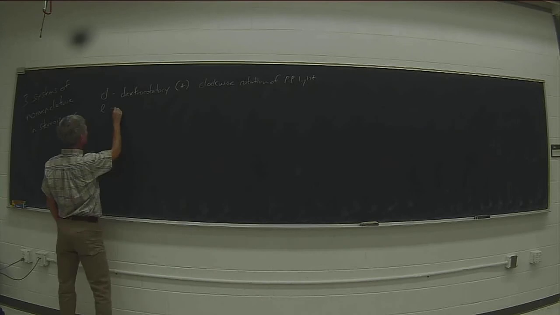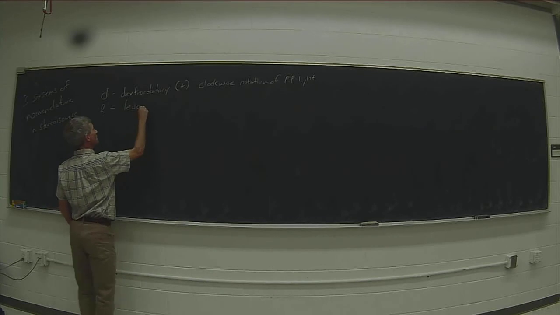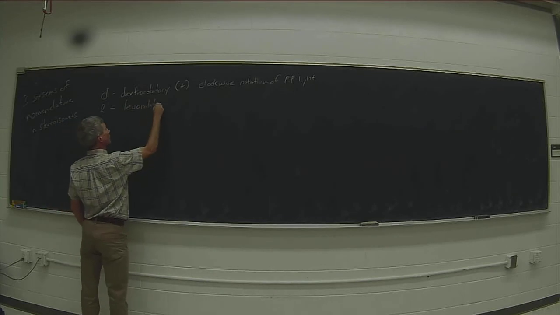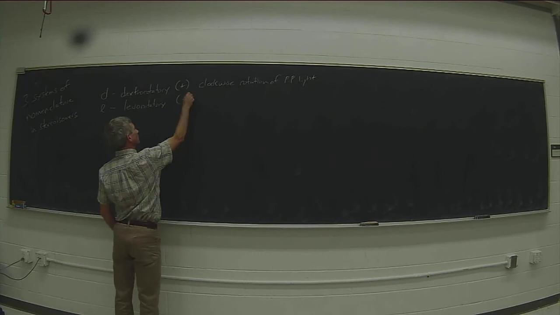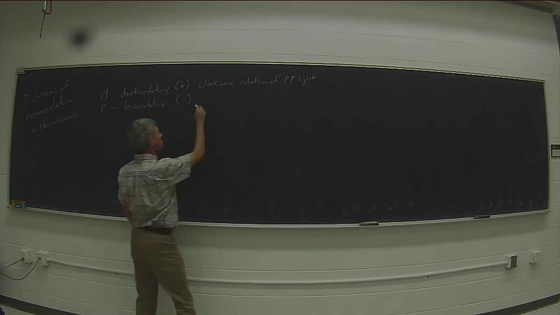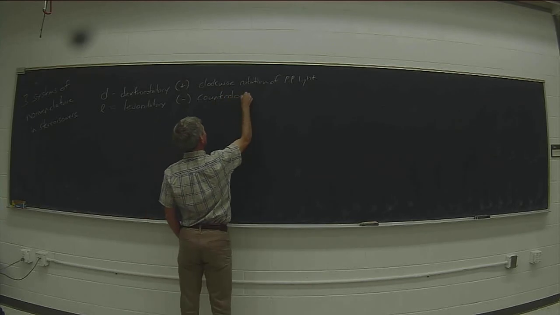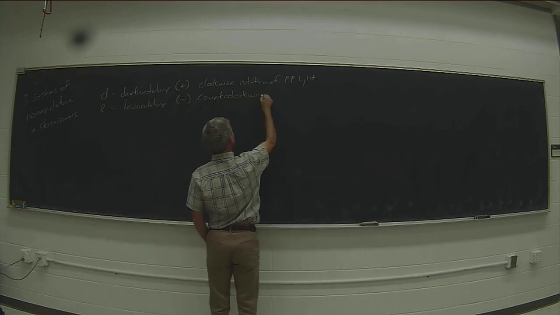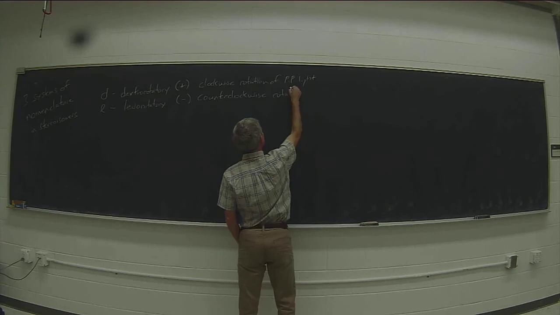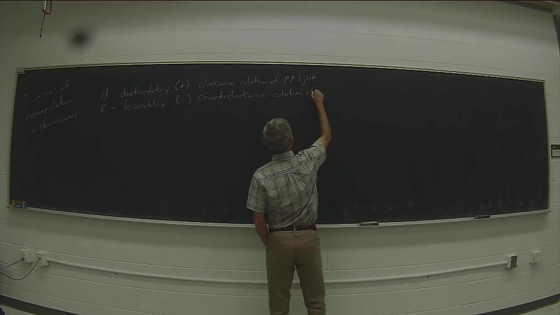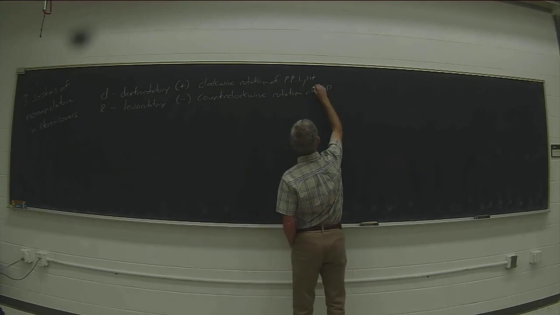And L stands for levorotatory. It's given a minus sign. It refers to counterclockwise rotation of plane polarized light.